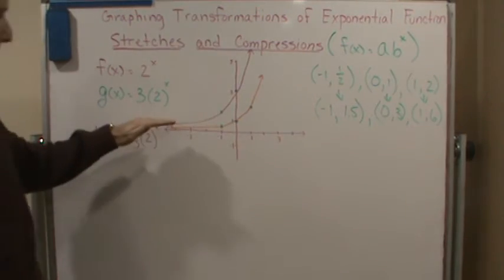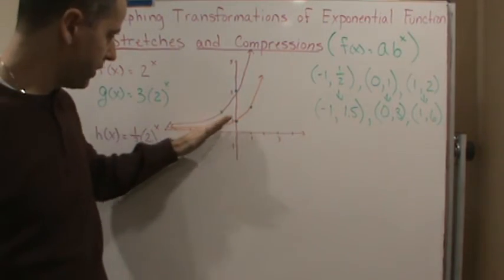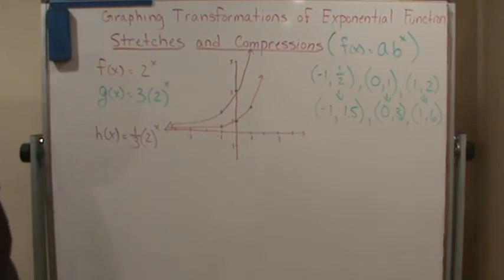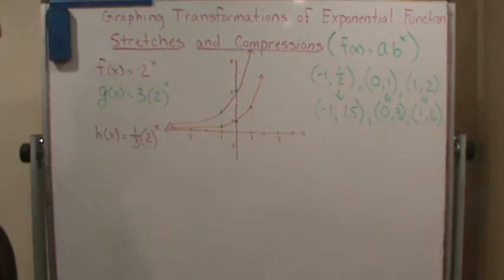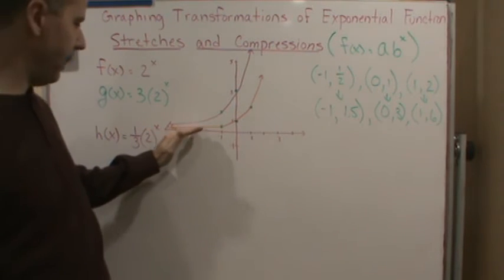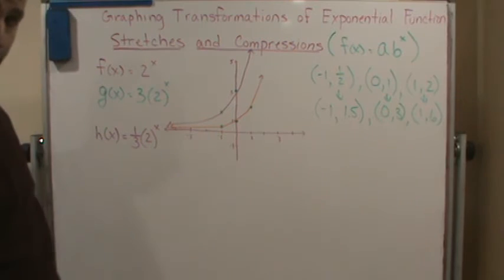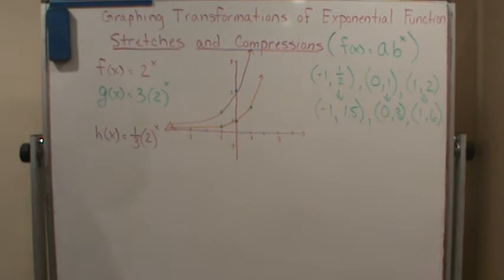Actually, all of the y values on the whole graph are being multiplied, but I'm taking these 3 points because those are the common points we've talked about. So all of the y values are going to be multiplied by 1/3, or divided by 3 if you want to think of it that way.